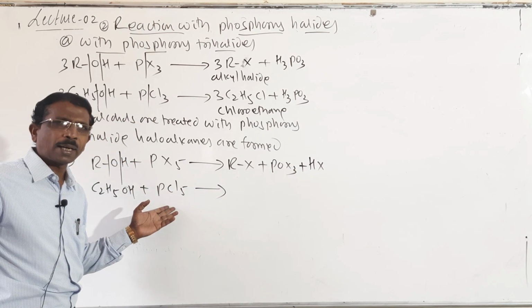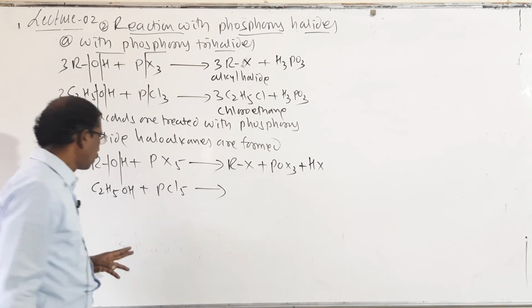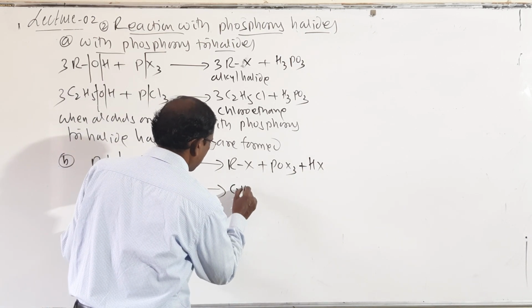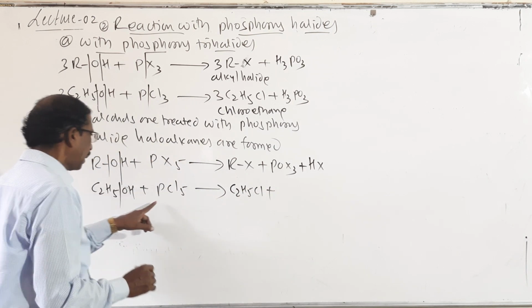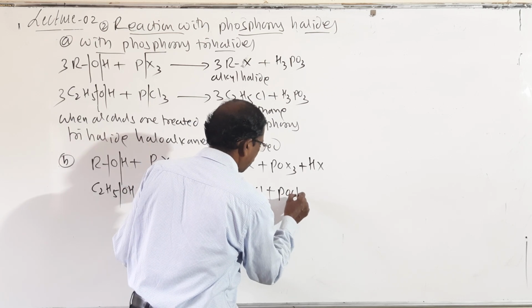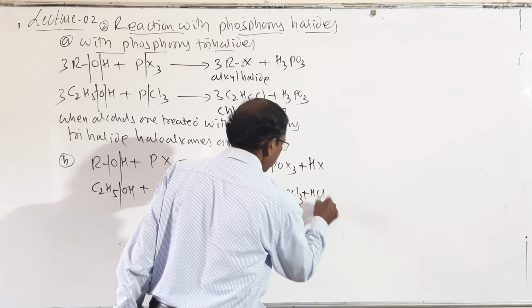You may take phosphorus trichloride, phosphorus pentachloride or phosphorus pentabromide. Then it forms C2H5Cl, chloroethane, plus POCl3, phosphorus oxychloride, plus HCl.